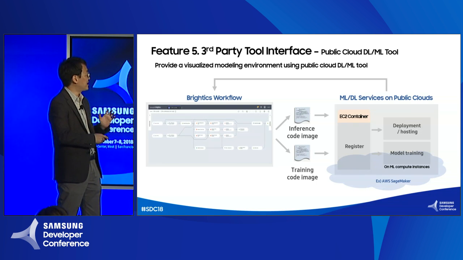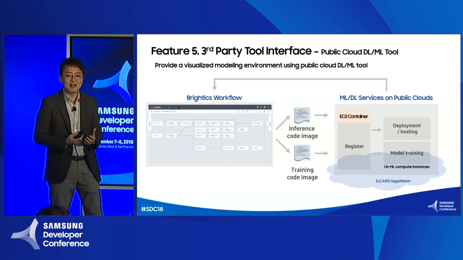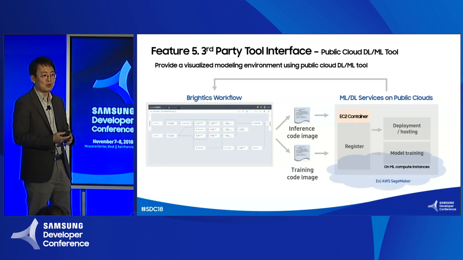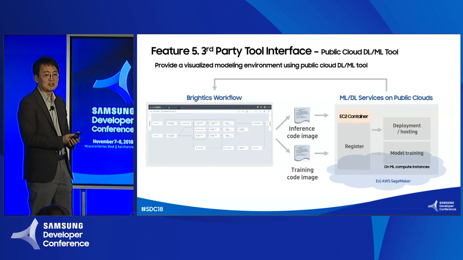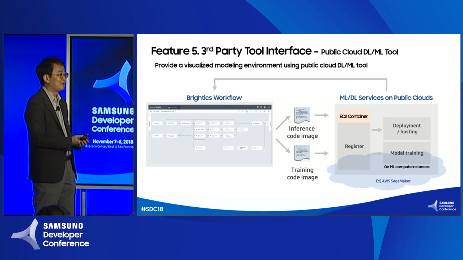After your specification is done, you can submit your training code image, it will run on the AWS server, and the result is returned to you. So we provide an easy interface to the deep learning services of current public cloud providers.